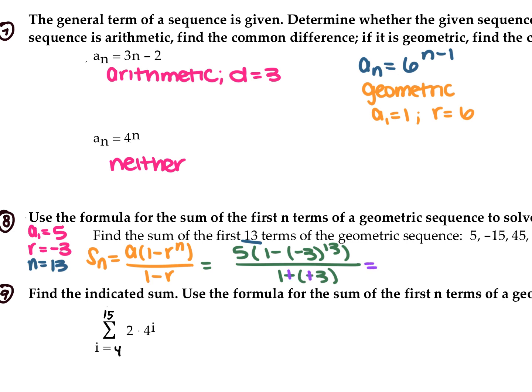I'm just going to plug this into my calculator: 5 times 1 minus parentheses negative 3, to the power of 13, all over 1 plus 3, which is 4. That gives us 1,992,905.